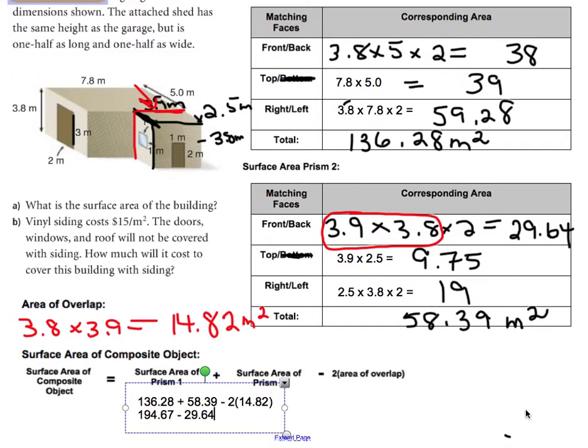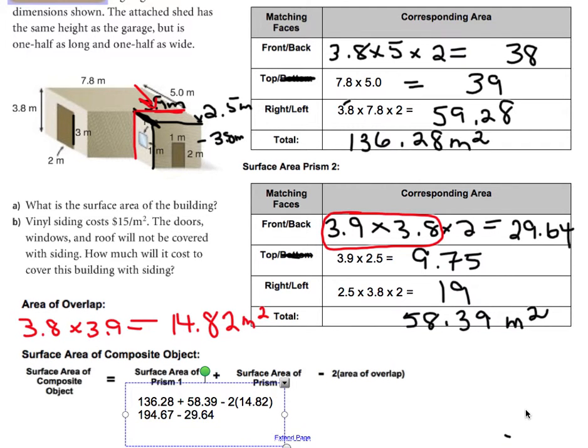I'm going to double check these answers before I continue on. 136.28 plus 58.39. Okay, I did get 194.67, which is good. And then I got 2 times 14.82, 29.64. Perfect.